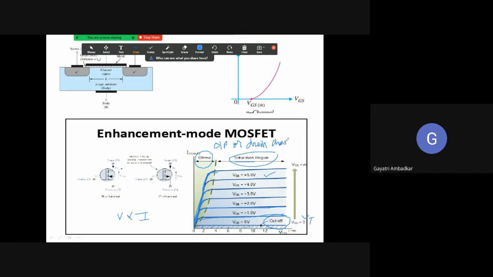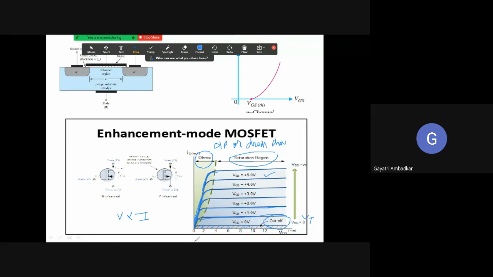Tell me, what are the names of the different regions on the characteristics of the MOSFET? It is there in front of you. Come on, quick. Unmute yourself and answer the question. Name the different regions on the VI characteristics of the MOSFET. Unmute everybody, please.